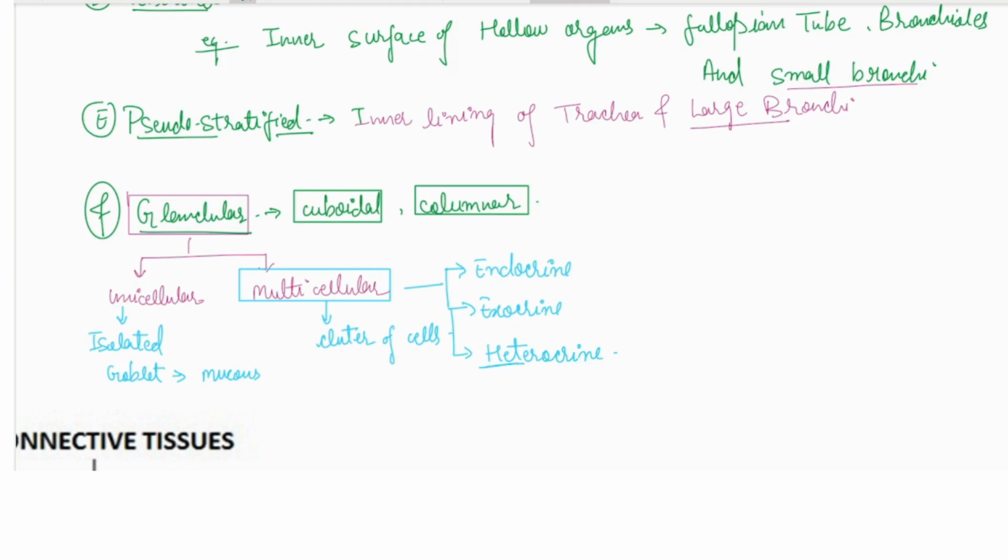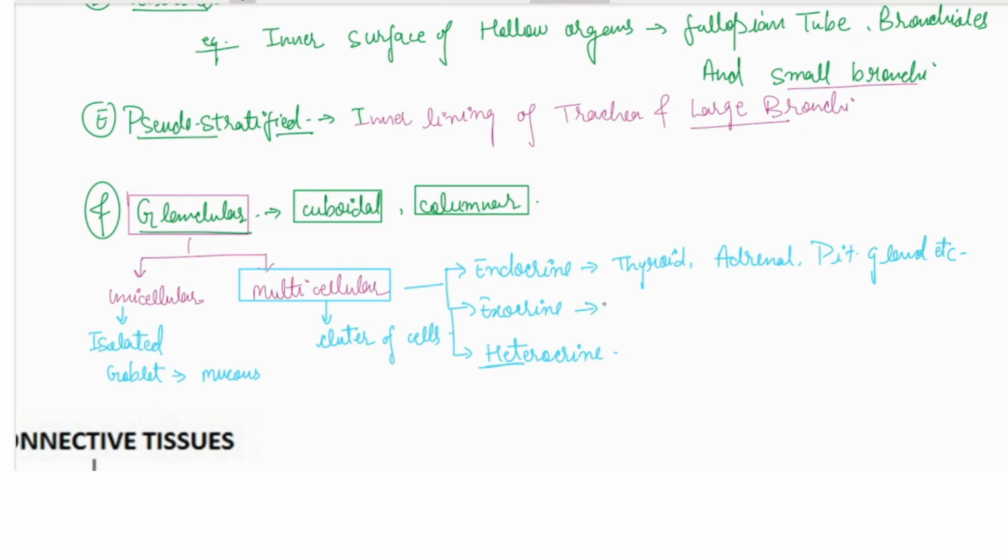Endocrine means hormone secreting cells, maybe the thyroid gland, the adrenal gland, the pituitary gland. Approximately 7 glands would be there, so all will come under endocrine.